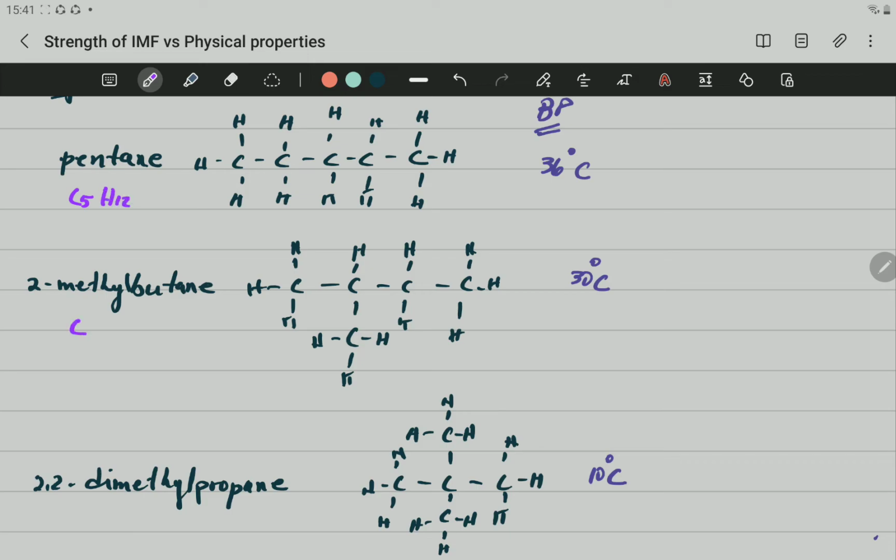All of them. So all of them will have the same mass. All of them will be non-polar. And all of them will have London forces.